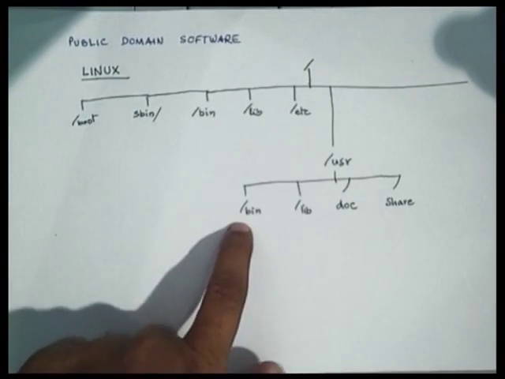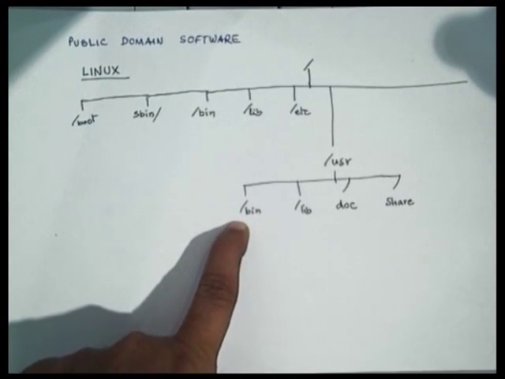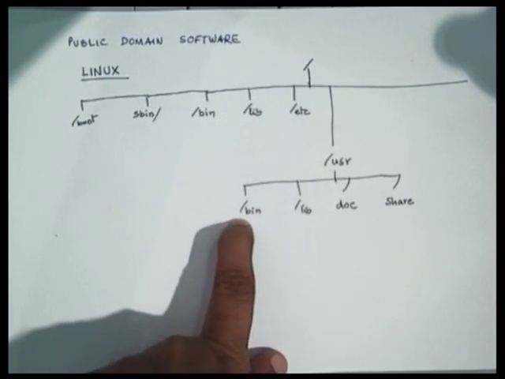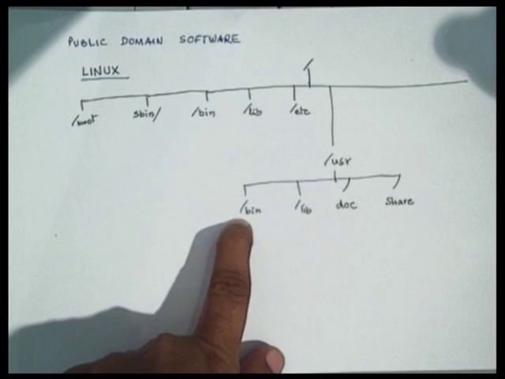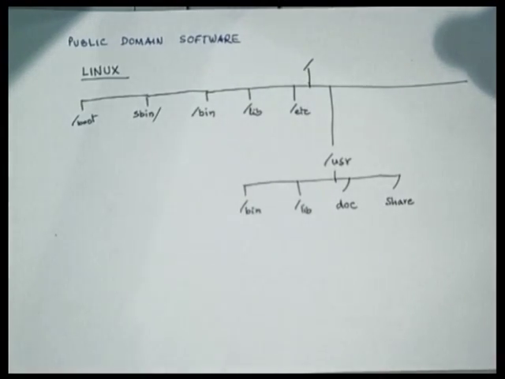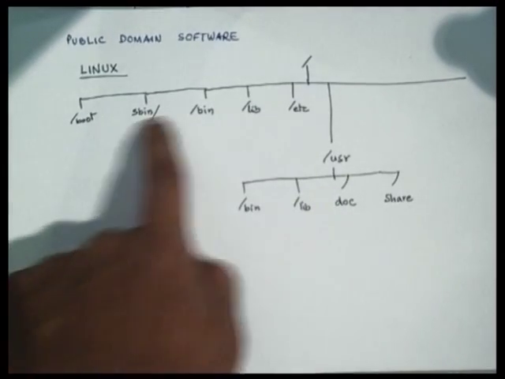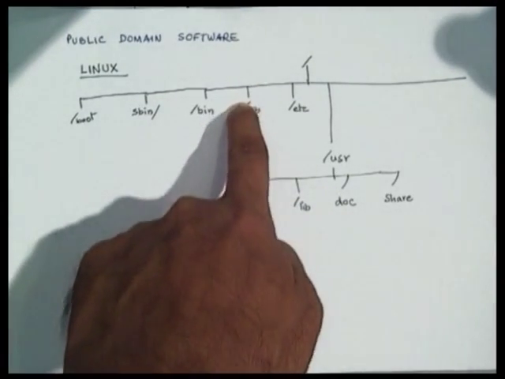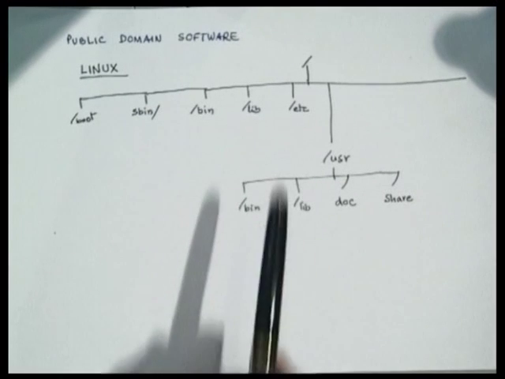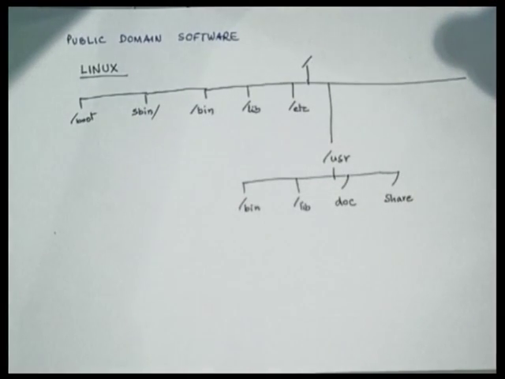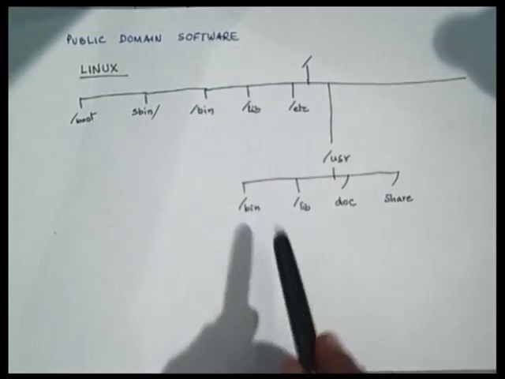Okay, so the binaries go under user bin. So for example, the editor VI, which is often used, or Emacs or whatever, they will go in user bin. The corresponding libraries will go in user lib, not in this lib. Okay, this lib is different from this lib. So notice that they share a common root.